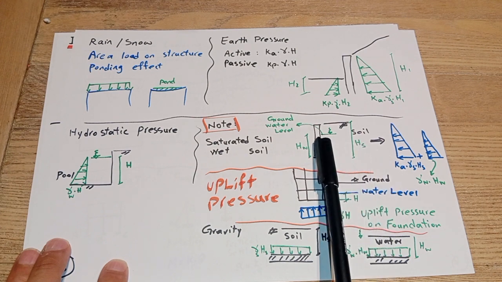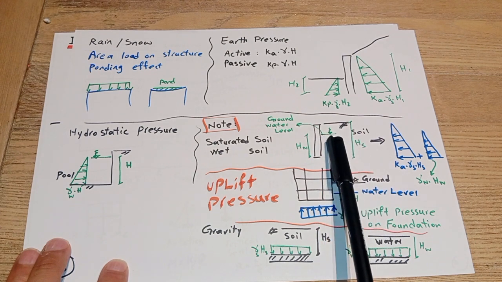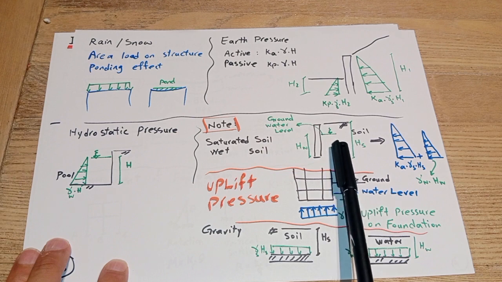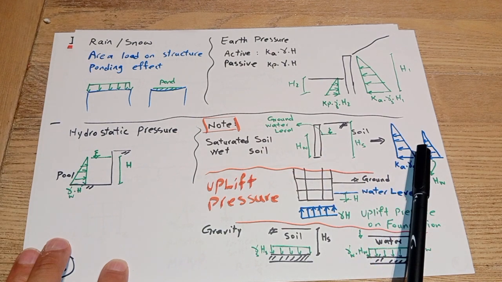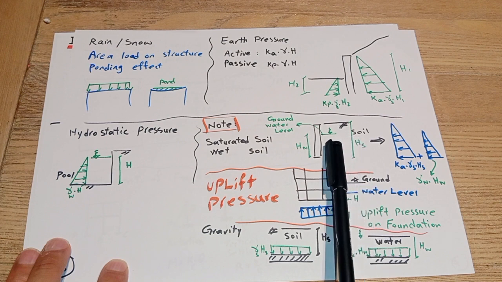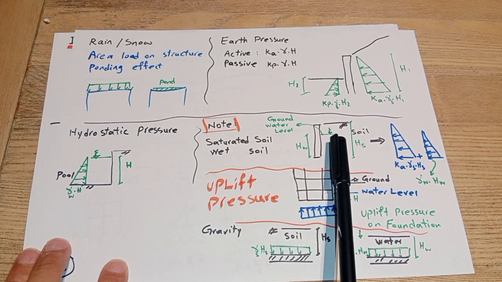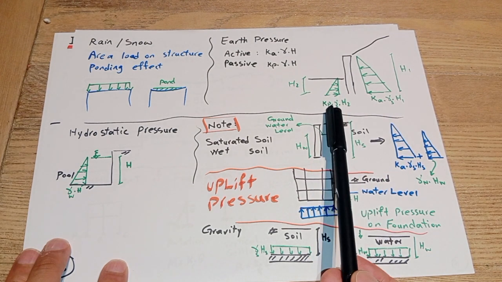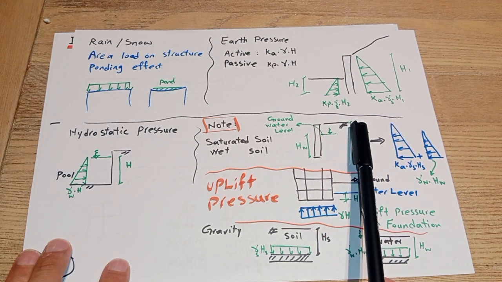If the groundwater level is lower than the ground level, we just consider different levels for soil and for water, but the process and the principle is the same for load calculation.